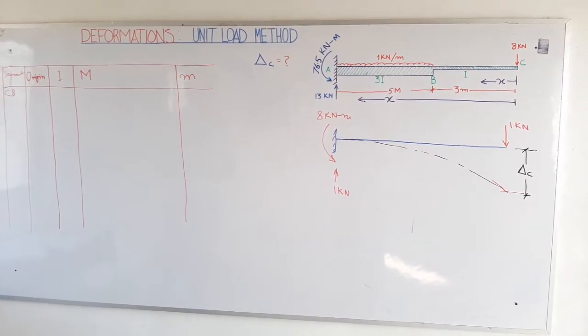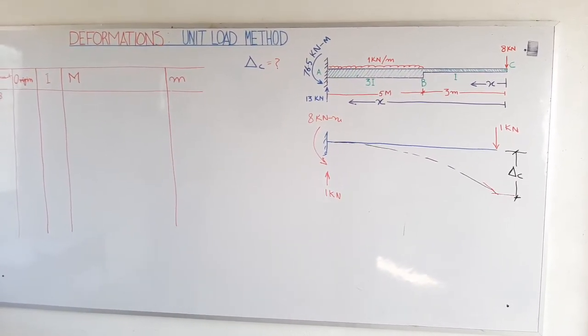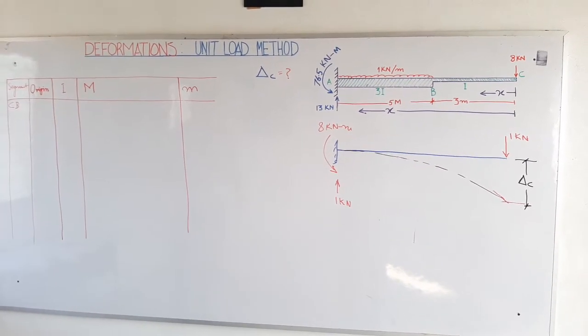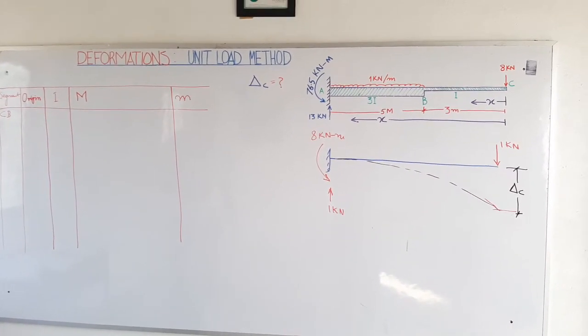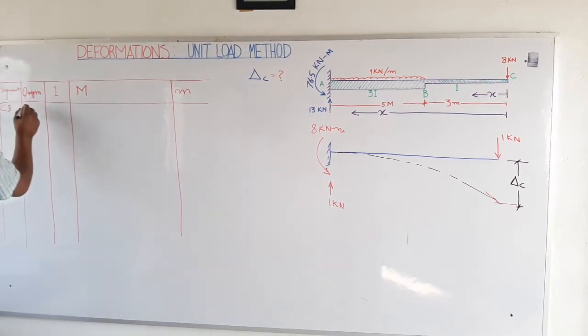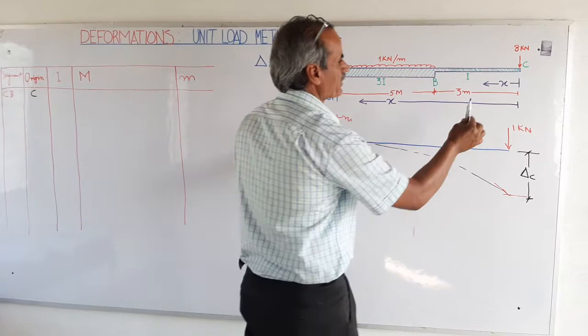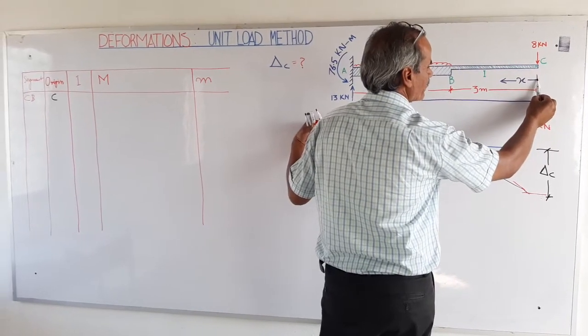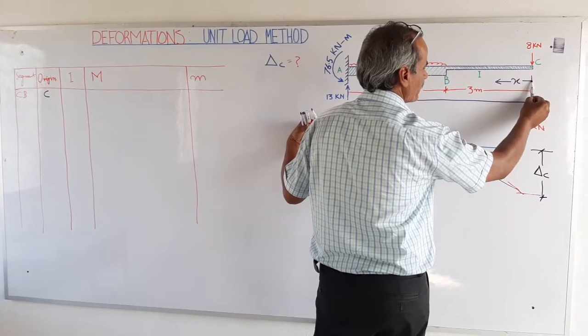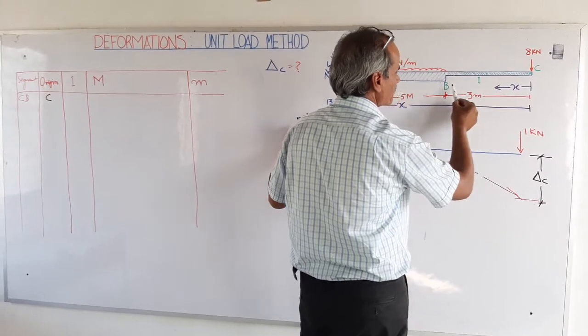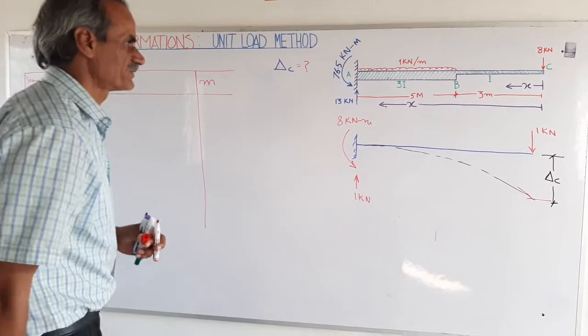Now for portion CB, starting from C, the origin is at C, and we originate our ordinate from C. That is, x is starting from here and proceeding towards the left side.